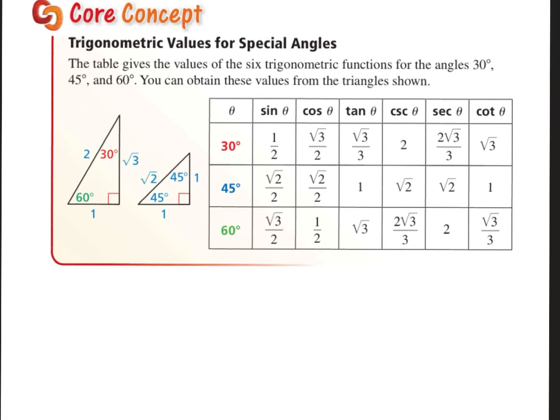I'm going to show you where this comes from. I know a lot of you are like, okay, I don't care. But on the unit circle, which we'll get to, I think, next week, this is 0 and this is 90. So then you have 30 here, 45, 60.